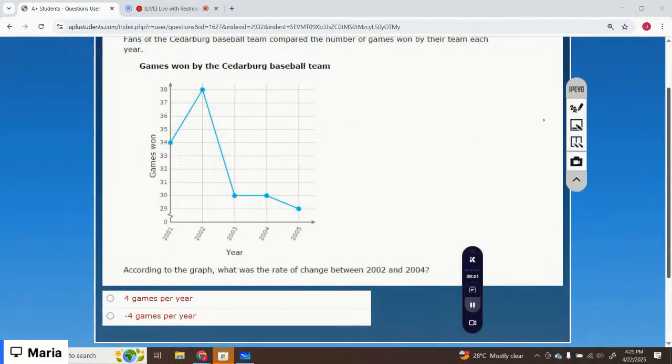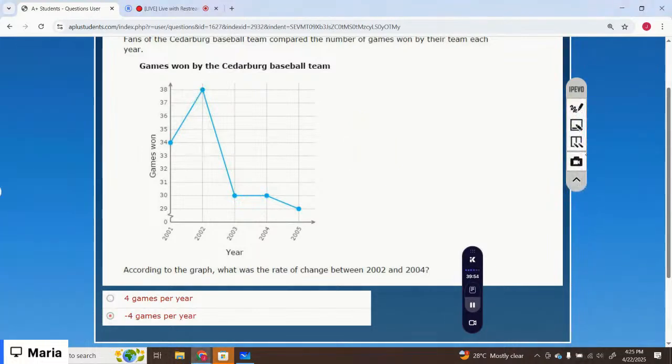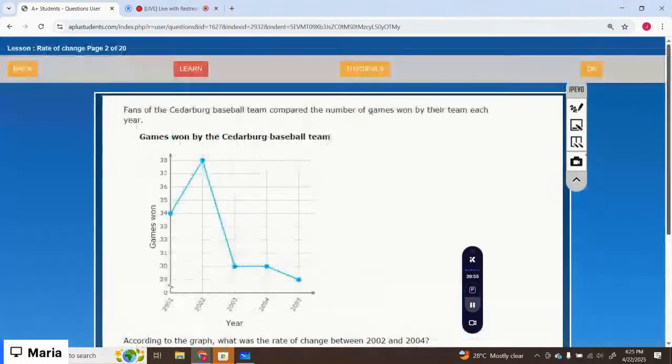That is negative 8 over 2, which is negative 4 games per year. Number 2 is the correct answer.